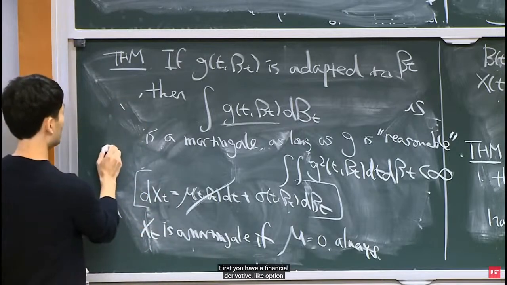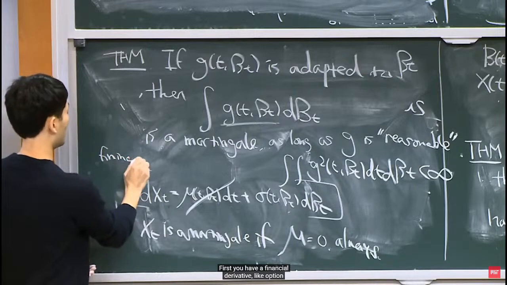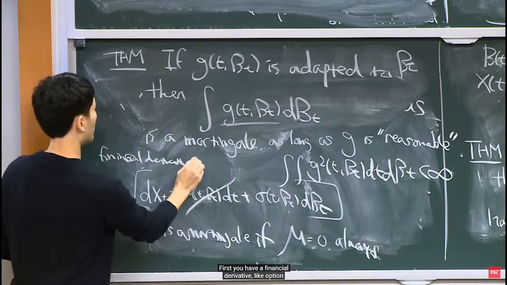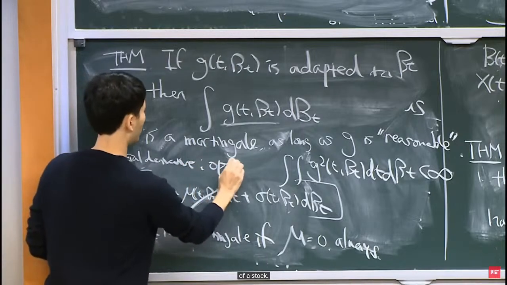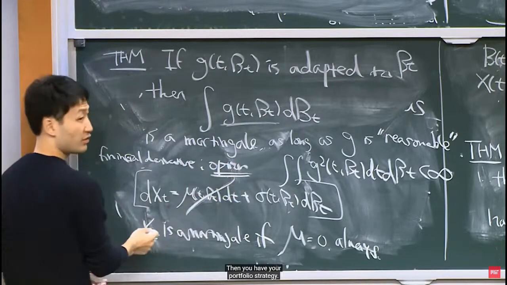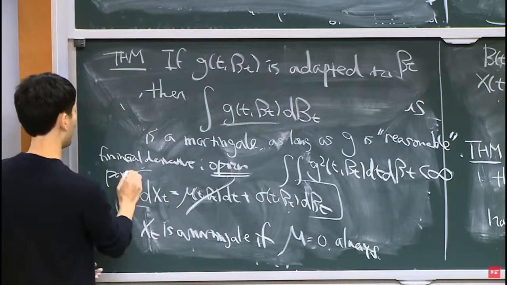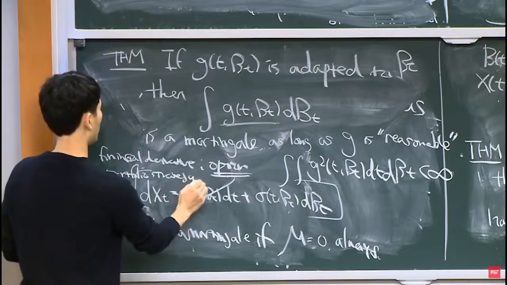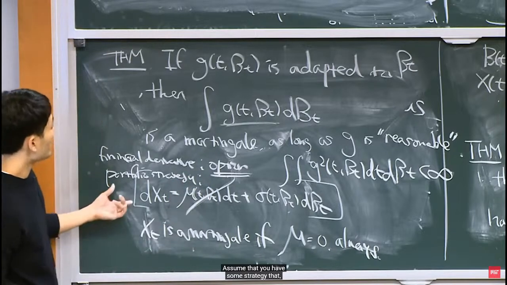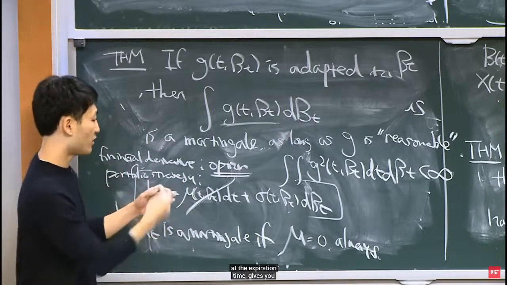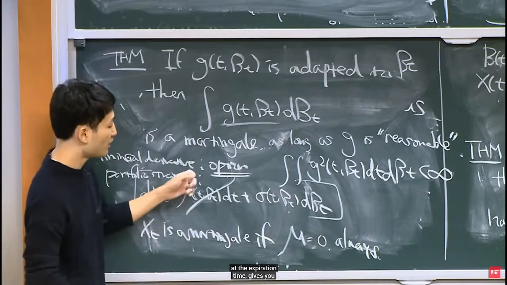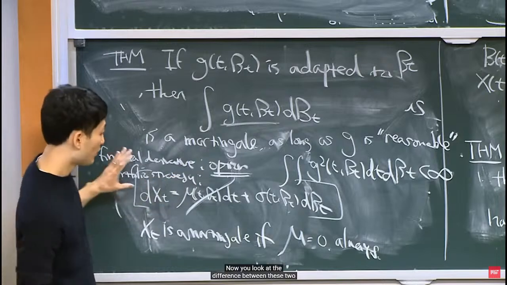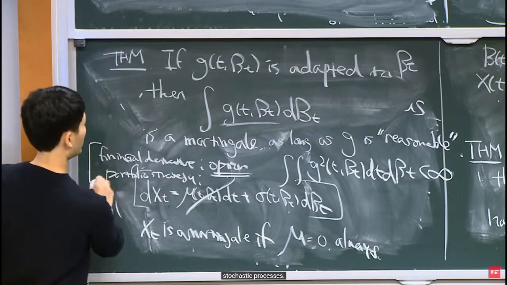First, you have a financial derivative, like an option on a stock. And then you have your portfolio strategy. Assume that you have some strategy that at the expiration time gives you the exact value of the option. Now you look at the difference between these two stochastic processes.